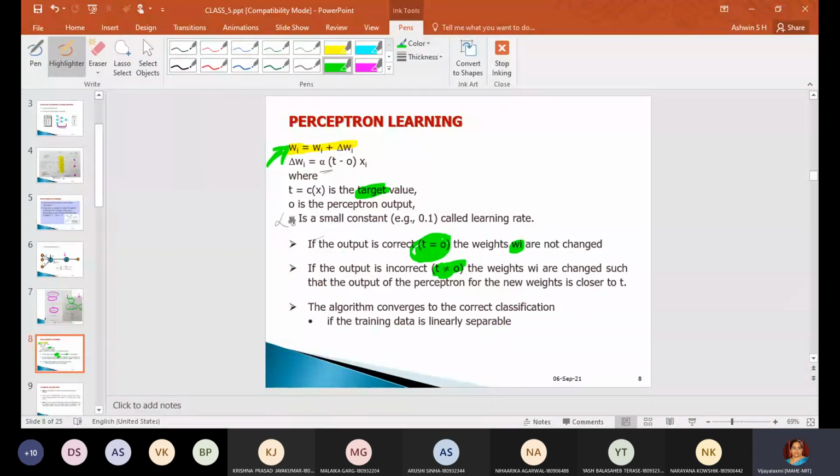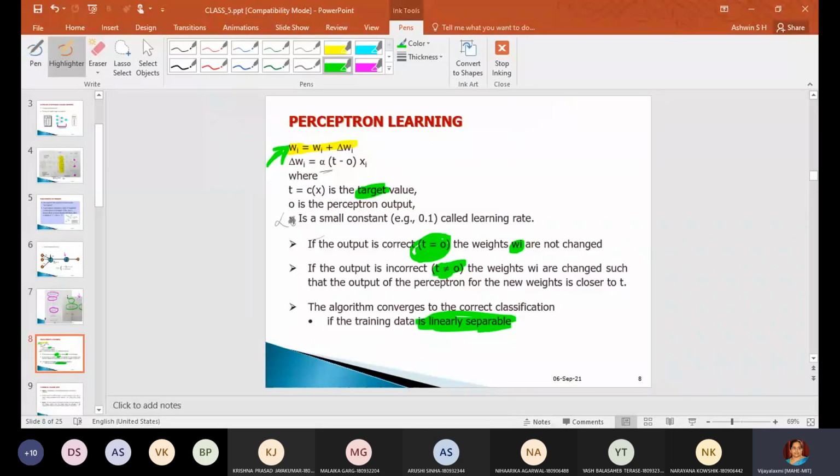Finally, how does the perceptron model converge? It converges based on the condition that the training data is linearly separable. We have seen this linearly separable concept in one of the classes.